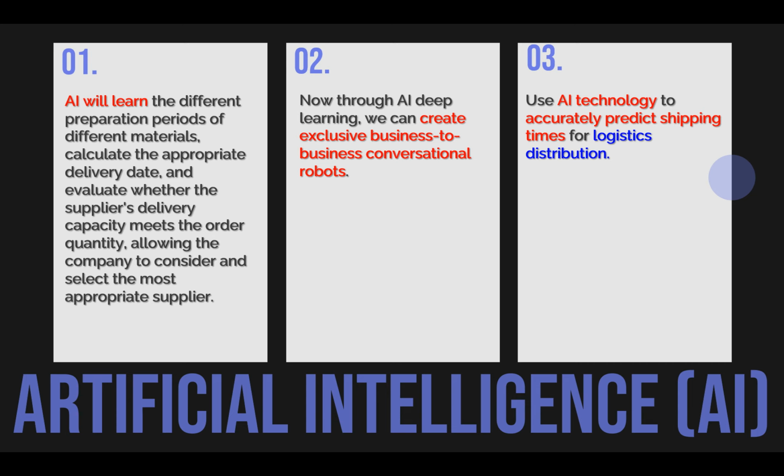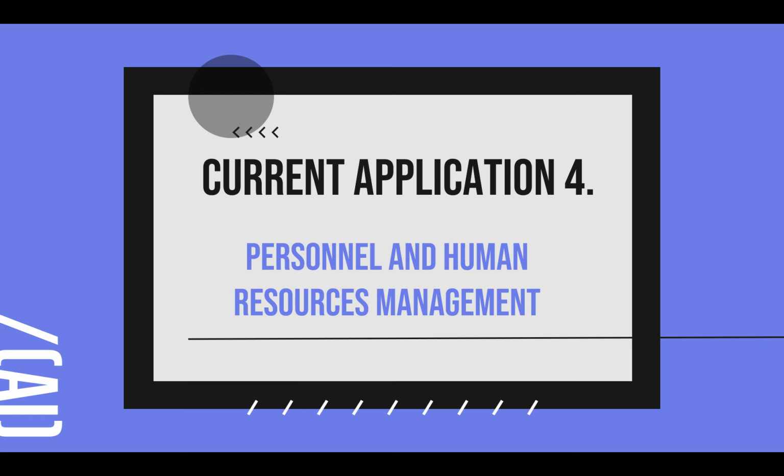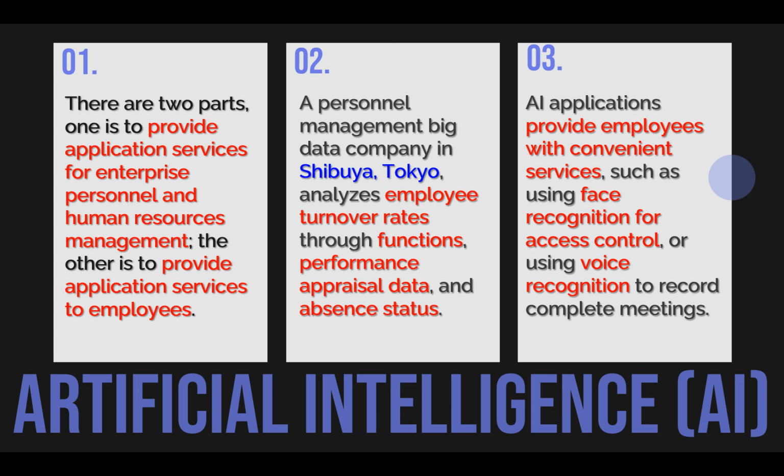And number 3, you can use AI technology to accurately predict shipping times for logistics distribution. Current application 4 is about personnel and HRM. Number 1, there are 2 parts. One is to provide application service for enterprise personnel and HRM. The other is to provide application service to employees.